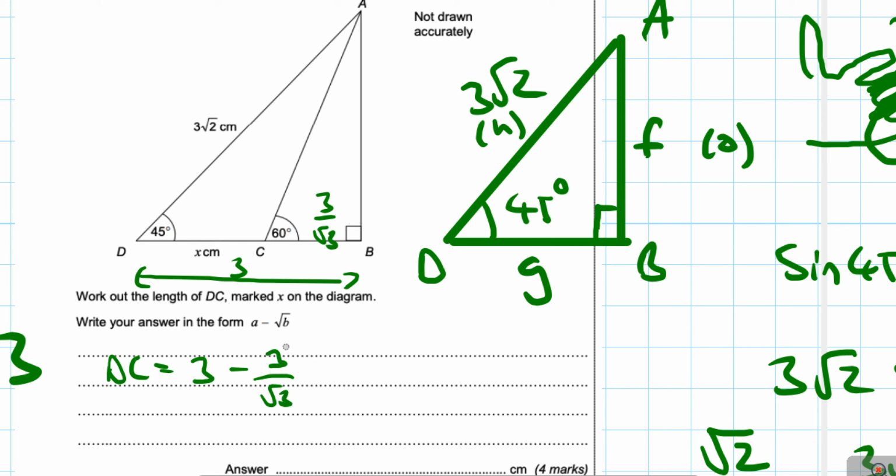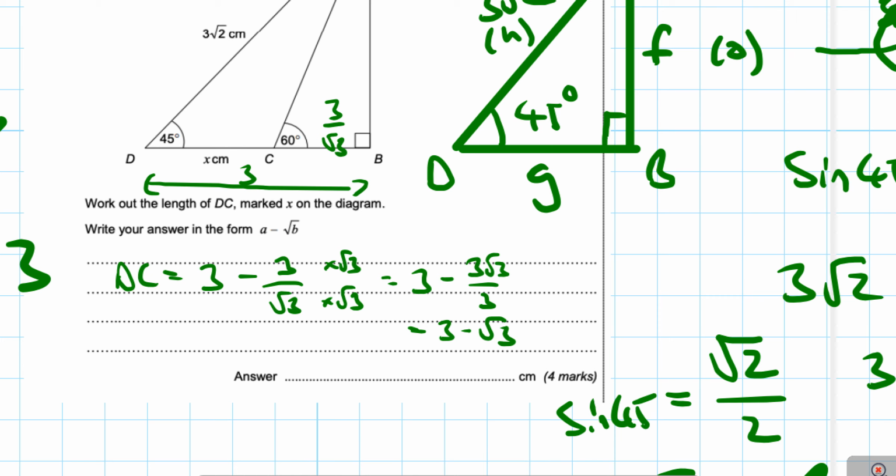But this isn't the final form, so we need to rationalise the surd at the bottom. To do that, we can times both top and bottom by root 3. So that's going to be equal to 3 minus 3 root 3 over 3, which is equal to 3 minus root 3. So your final answer is simply going to be 3 minus root 3.